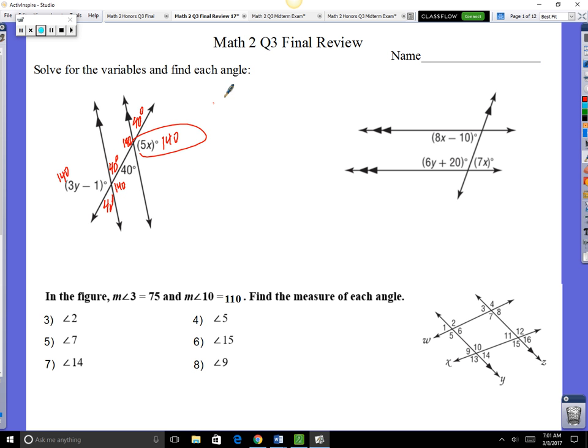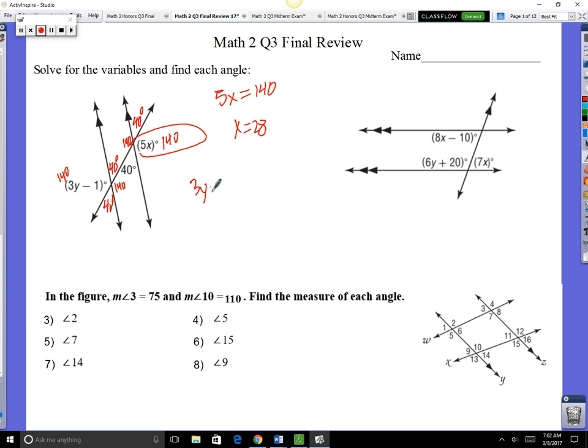So this guy, the math is just 5x equals 140. So divide by 5, divide by 5. The value of x, to make that true, x has to be 28. And then the y, they also equal 140.